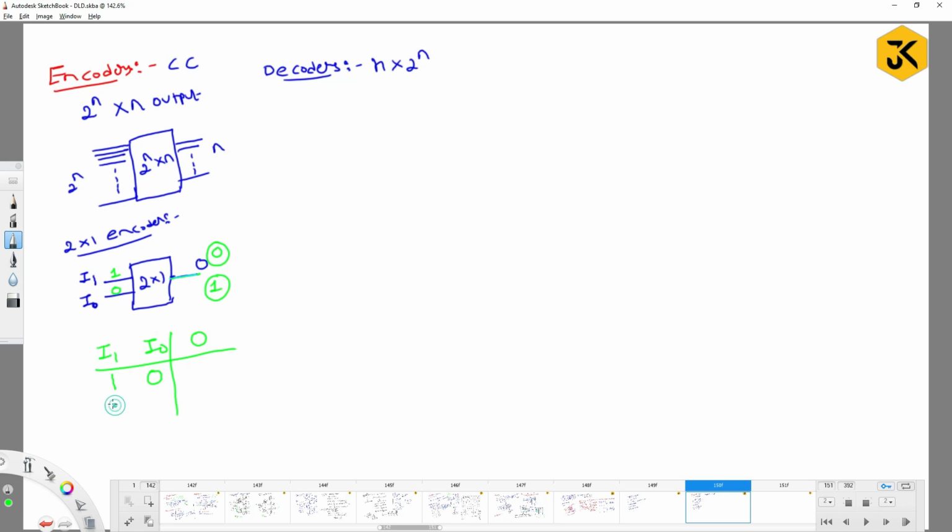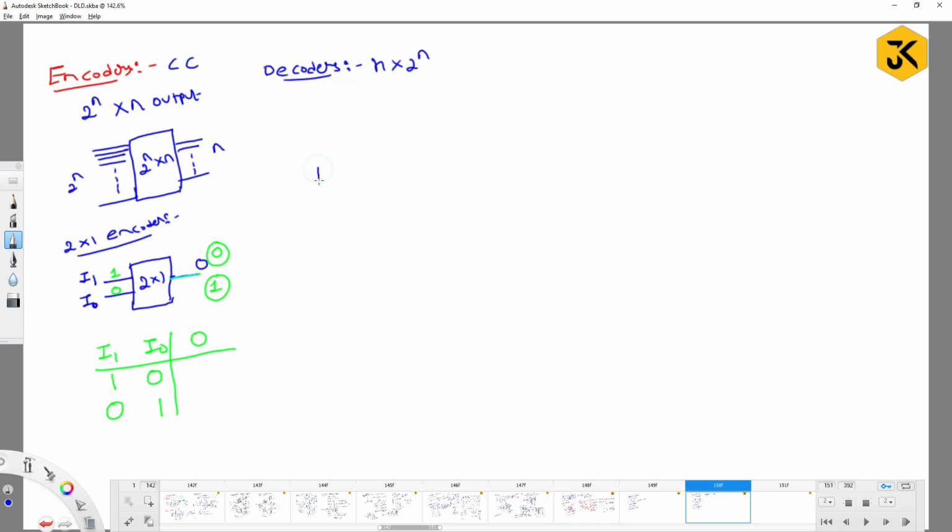Similarly, if I say 0 and 1, I1 is 0 and I0 is 1, right? When I0 is 1, what might happen?